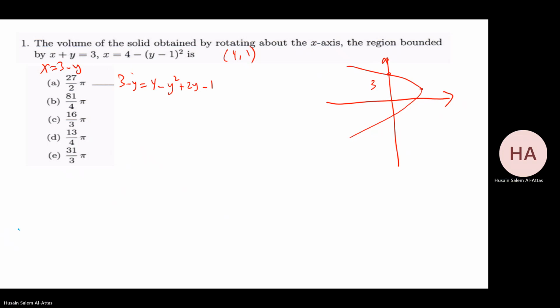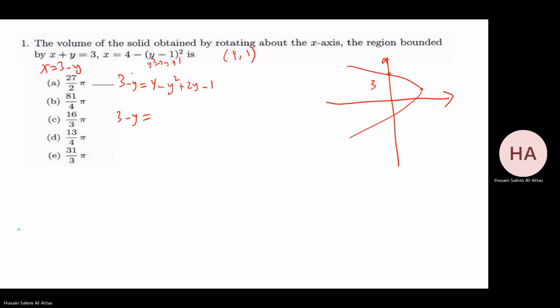I want to equate x, 3 minus y equal 4 minus y squared. This is y squared minus 2y plus 1, so plus 2y minus 1. So that gives me 3 minus y equal what? 0. At 0, they agree.